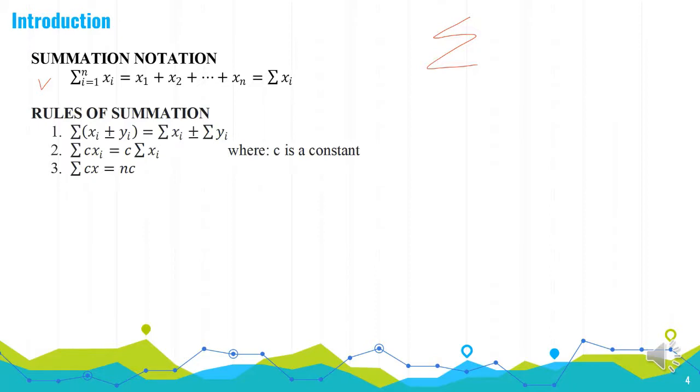This means the summation of all x's, x1, x2, until x sub n. Simply put, that is the simplified version. All other rules of summation are indicated on this side. You will understand them better when we use them later on.